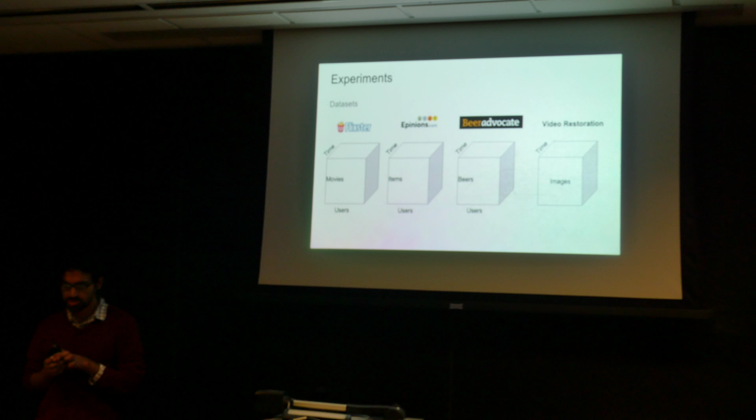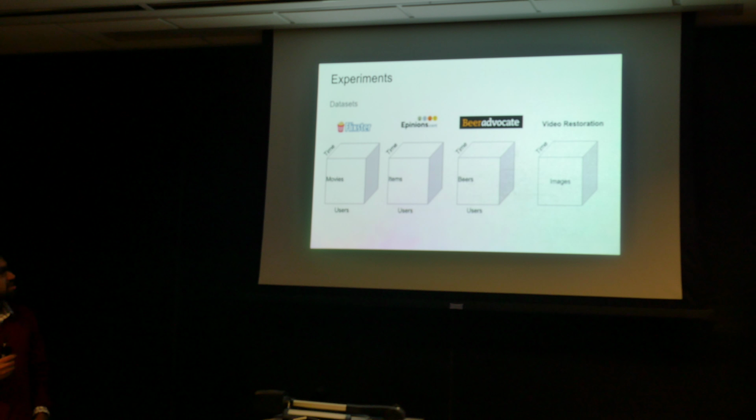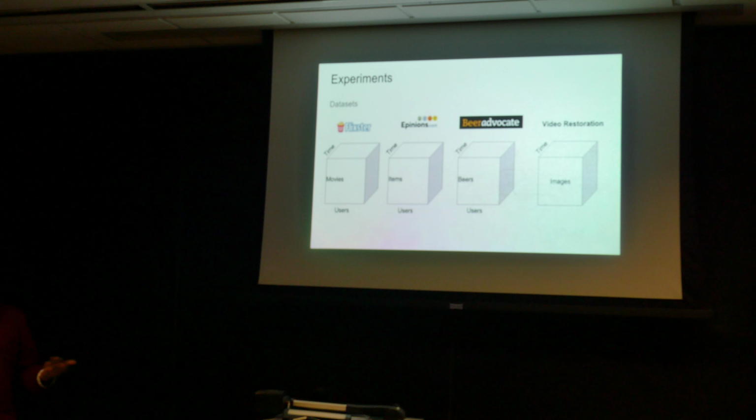Okay, so for our experiments, we conducted our experiments on four publicly available data sets. The first data set was Flixster, which is a movie rating database. It has which users rated what movies at what time, and it also has the social network information. The second data set is very similar, Epinions, where users, instead of rating movies, rate items. And the third data set is the BeerAdvocate data set, where users are rating beers.